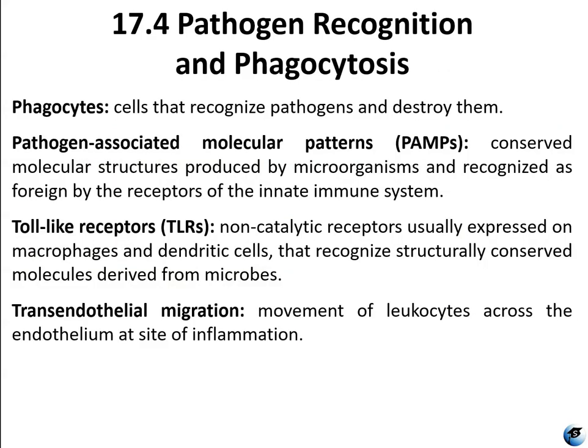Phagocytes affix themselves to microbes and cover them with proteins. Phagocytes consume the microbes and then they chop them up with enzymes. And the phagocytes plaster their cell surfaces with pieces of the microbe that they chopped up, and these are known as antigen-presenting cells. The antigens are attached to the major histocompatibility complex.